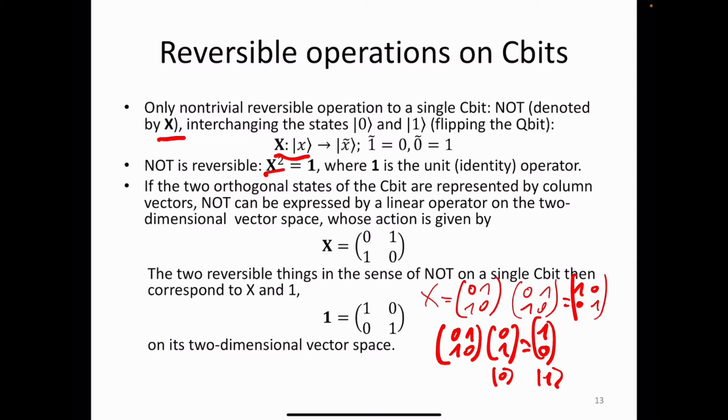And if we apply it again, of course, you may try, you will get back the original 0 state. The two reversible operations on a single classical bit therefore correspond to X, which is the NOT transformation, and the identity operation. Okay?